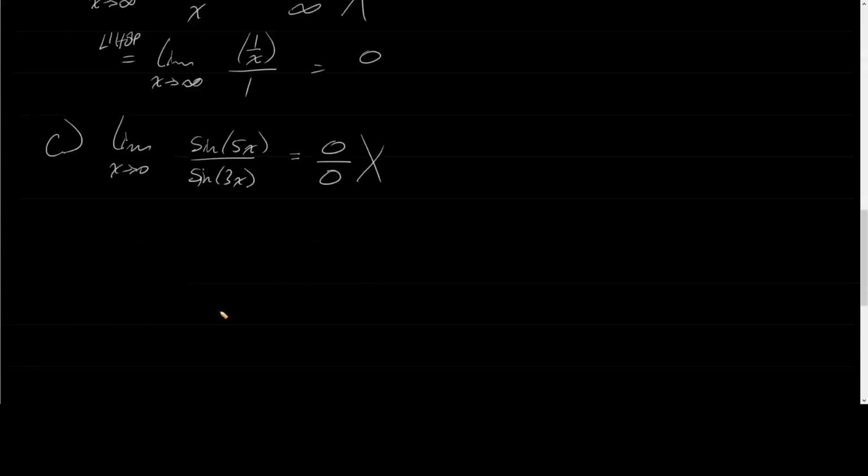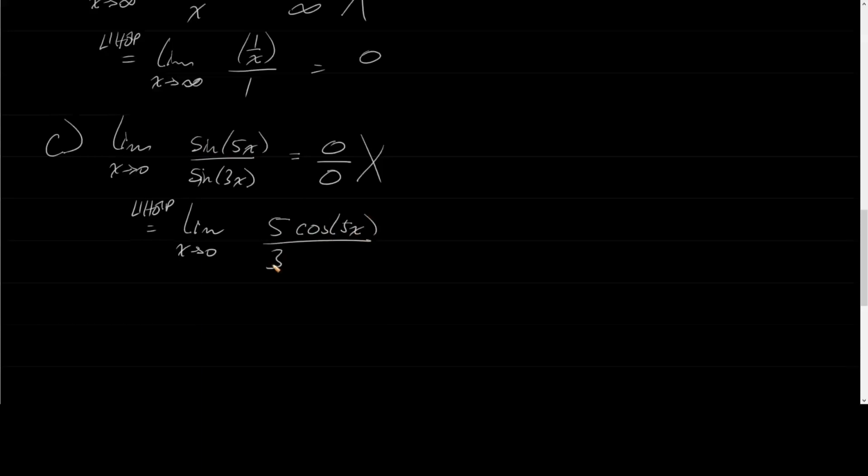But now that we've got this new rule, L'Hopital's rule, we can say the limit as x goes to 0 of the derivative of the top, 5 cosine of 5x, over the derivative of the bottom. And at that point, as x goes to 0, cosine of 0 is 1. 1 times 5 is 5. Similar reasoning, we end up with 5/3.